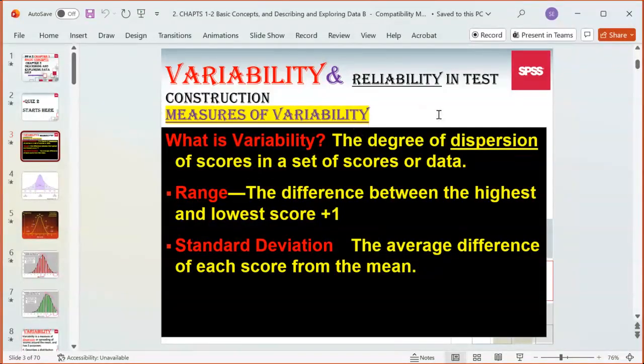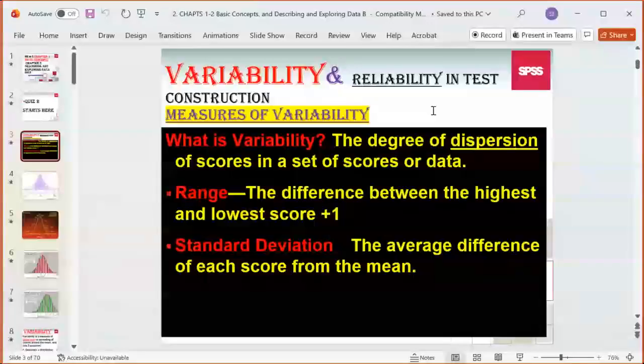Covariances tell us about the variability and in this case quality of each question. And we'll talk about that.